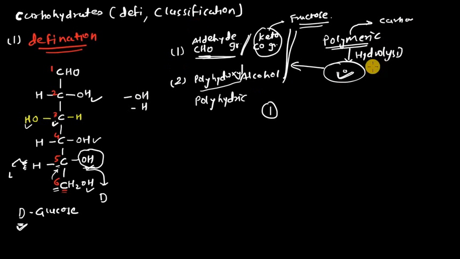So the consensus definition is: carbohydrates are defined chemically as aldehyde or ketone group containing polyhydric alcohols, or some polymeric substance which on hydrolysis gives such a substance. These are known as carbohydrates. This is the definition of carbohydrate.